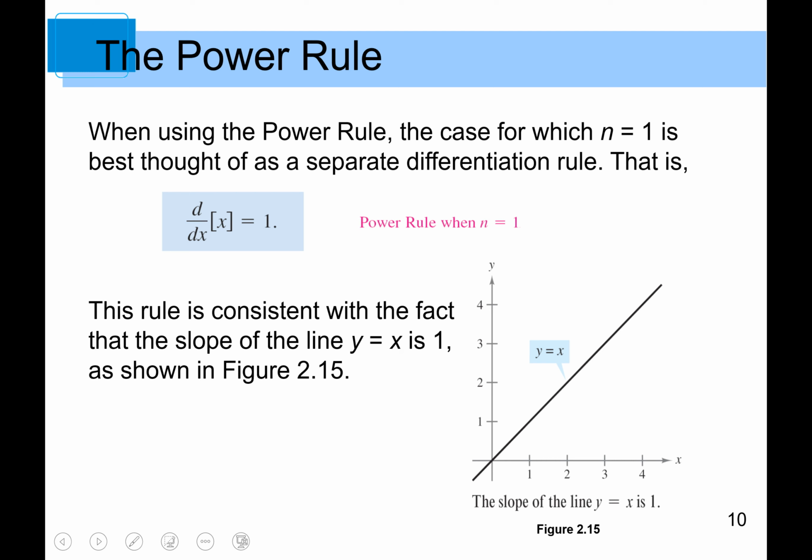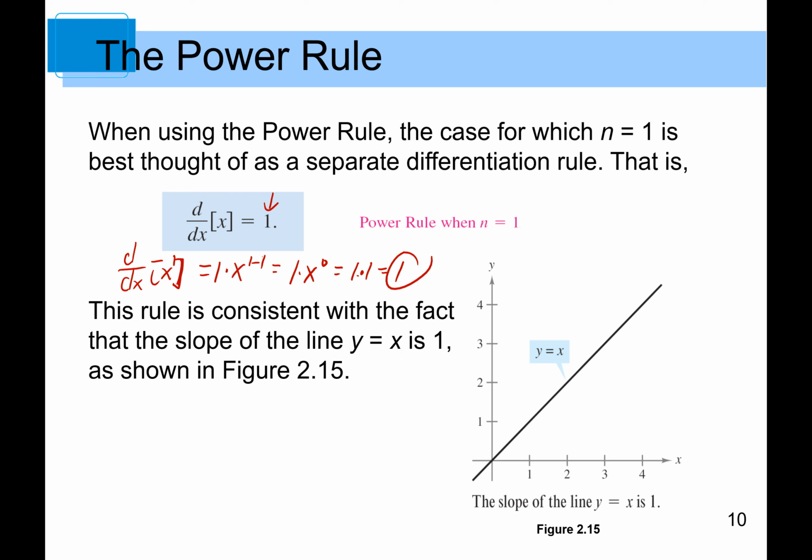We use the power rule for the case in which n equals 1, meaning the derivative of x is actually 1, right? Proof of this one we wouldn't call a proof, maybe just a confirmation. The exponent is 1, so basically put the exponent in front and reduce the exponent by 1. So 1 times x to the 0. X to the 0 is 1, and 1 times 1 gives us 1.